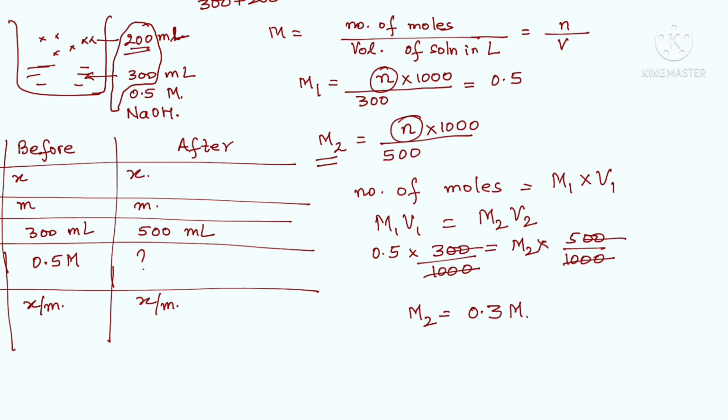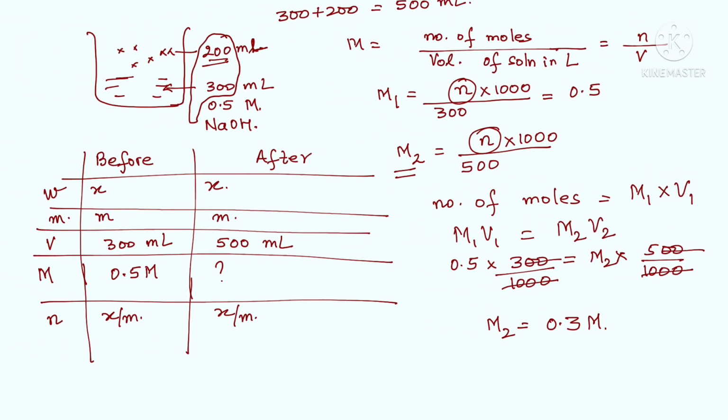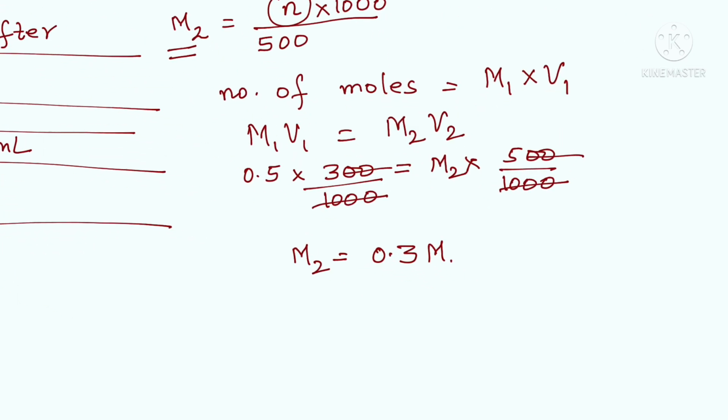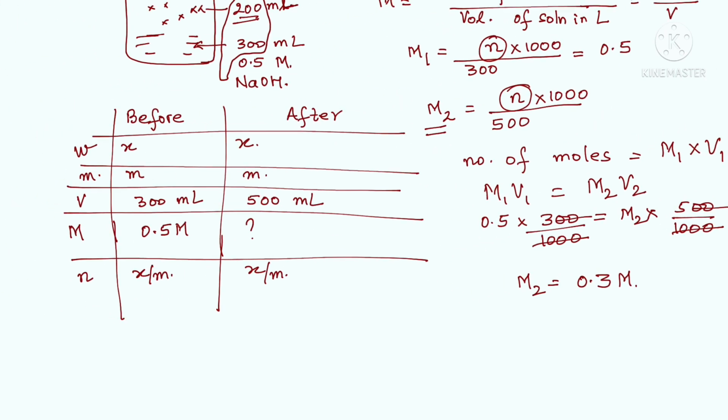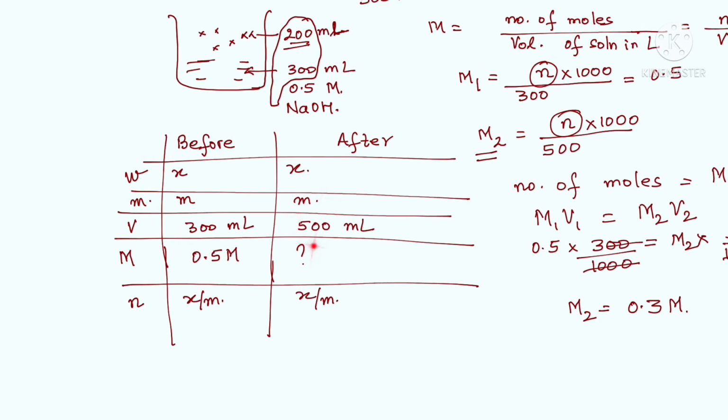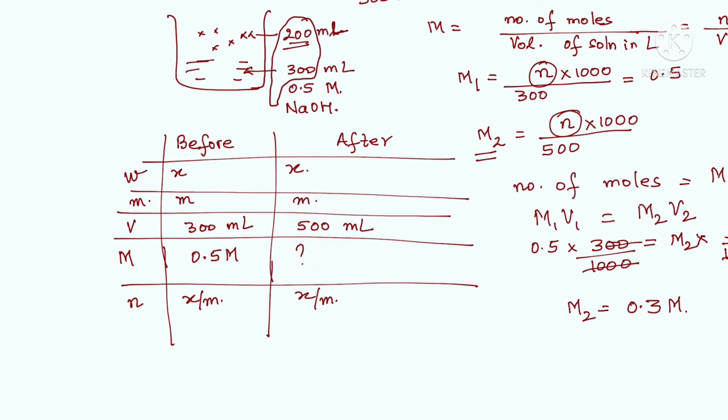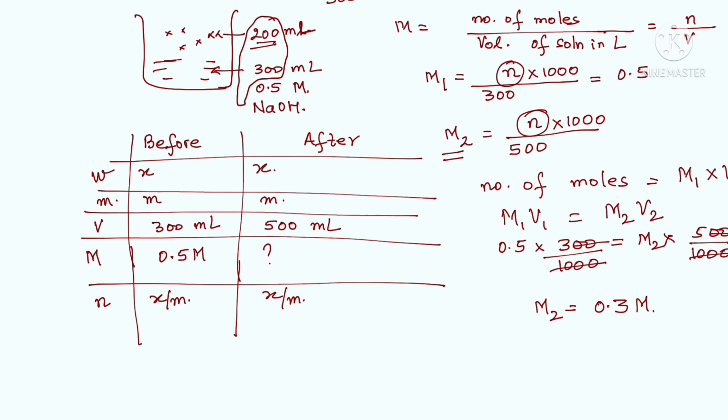You can do the calculations your own way. Each one of us has different ways of doing it, and each one of us is comfortable in different ways. But the answer finally is that the new molarity of the solution is 0.3 molar. When you have increased the volume, the molarity has gone down to 0.3 molar, because the volume of the solution has increased.